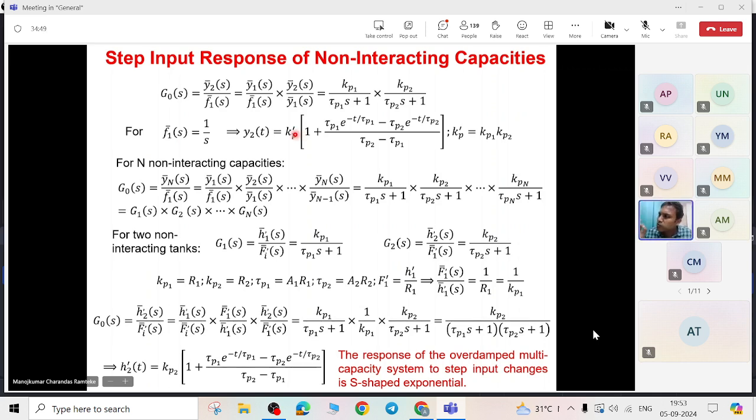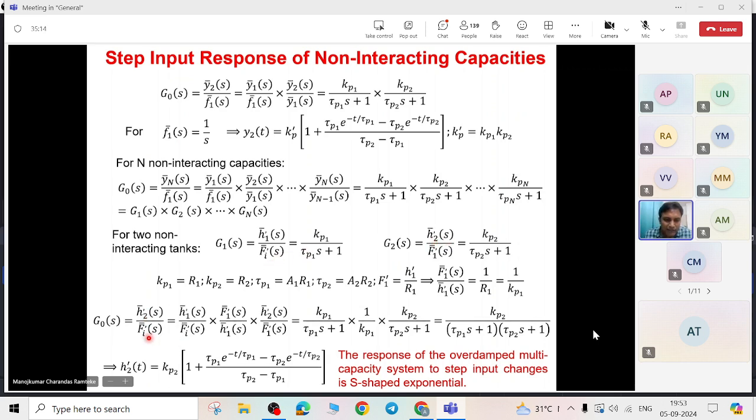These are the small details which we usually miss if we don't derive it ourselves, isn't it? So don't just rely on the notes, okay? Otherwise you will be lost here. So you can see that this additional term we have to multiply in G1 and G2, then and then only this H1(s) and this F1(s) get cancelled out, and ultimately we get H2(s) divided by Fi(s). So that is what we have done.